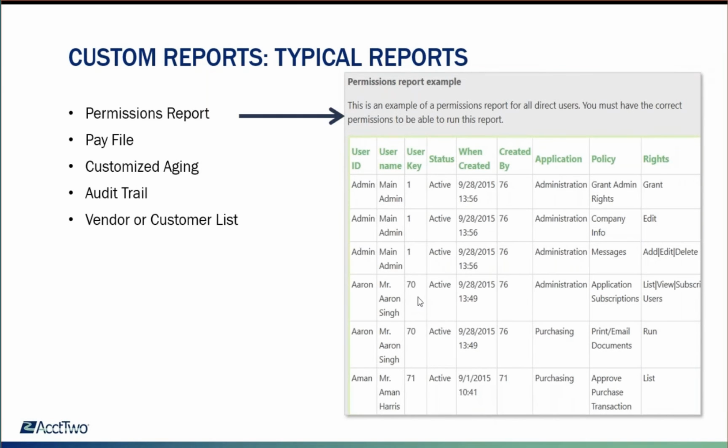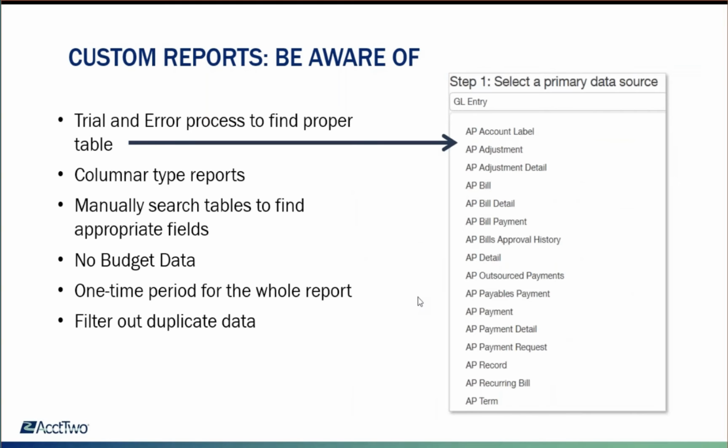All right, but there are some things to be aware of with the custom reports. It is a bit of a trial and error process to find the proper table to start with because your first step in this process is to pick a data table. Right here, you see in our screen print, if we wanted to start AP, there are approximately 15 different accounts payable tables that we might start with.